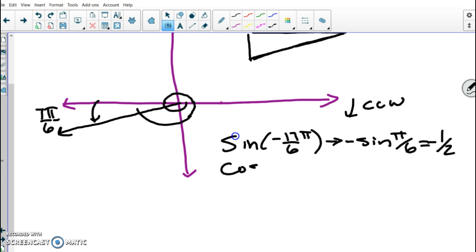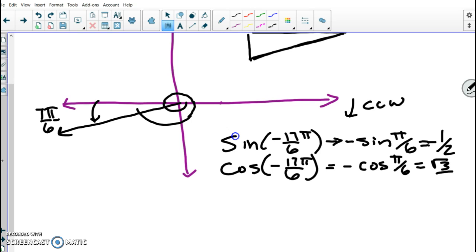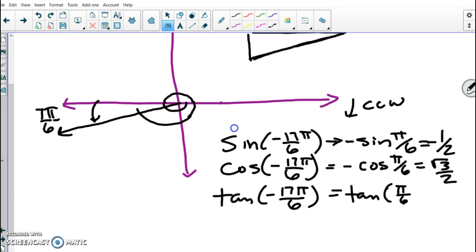Now the cosine of that same angle theta that we were originally looking at, negative 17/6 pi, is equal to, just as we said, the negative cosine of pi over 6, that reference angle, which is negative square root of 3 over 2. And then we consider the tangent. The tangent of that negative original angle is equal to the tangent of the positive reference angle. Tangent of pi over 6 is equal to square root of 3 over 3.